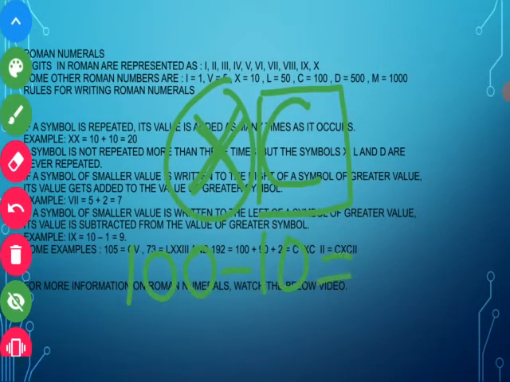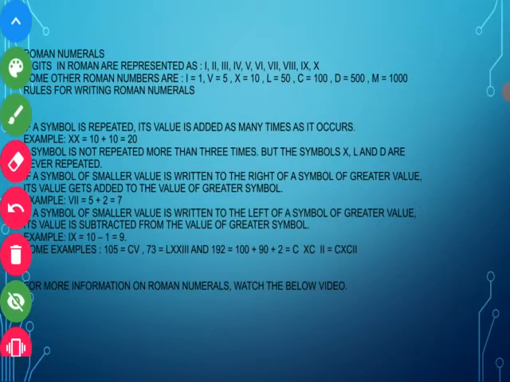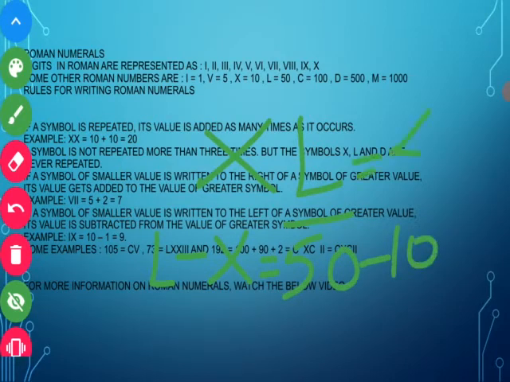So XC represents 90. Similarly, suppose XL is there, again L is a bigger number and before that X is there. So X is written before L, which means from L we have to subtract X. That means from 50 we subtract 10. So this will represent 40.